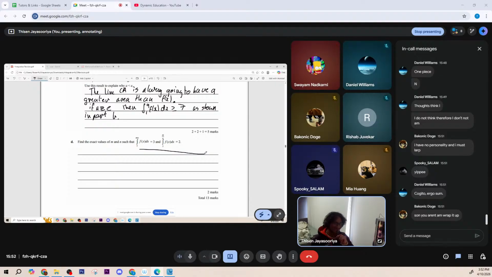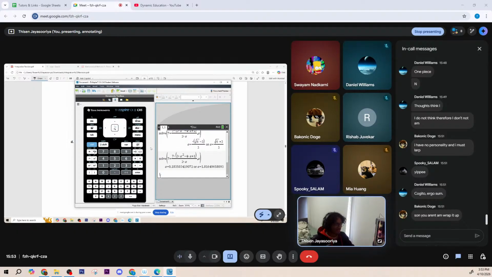If you don't know, that's fine. How can you do it? Do you just put it into your calculator and press algebra solve? It's like systems of equations. Yes, it's two equations, two variables. That's perfect. That's exactly right.